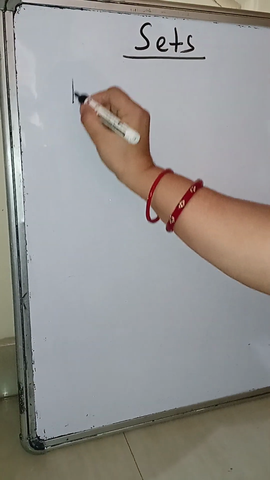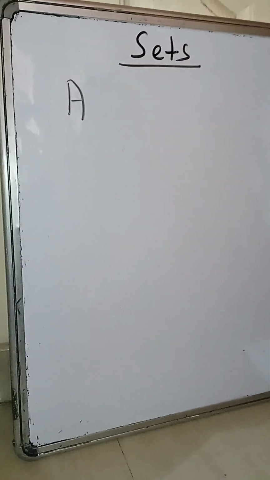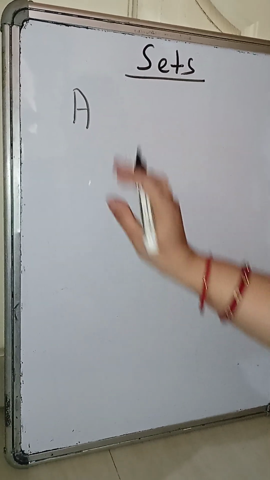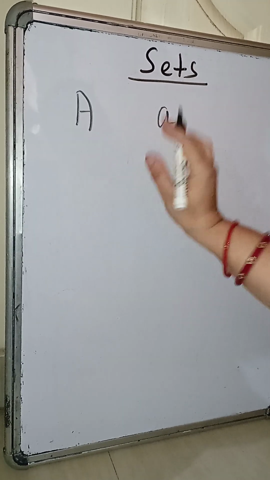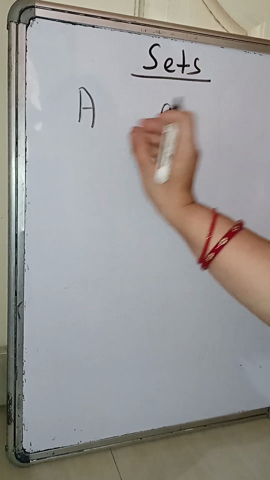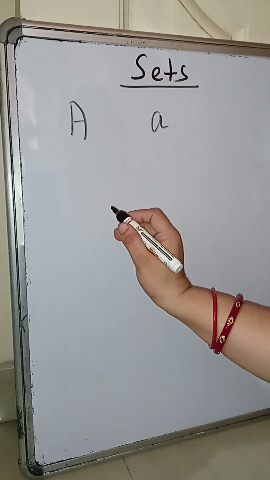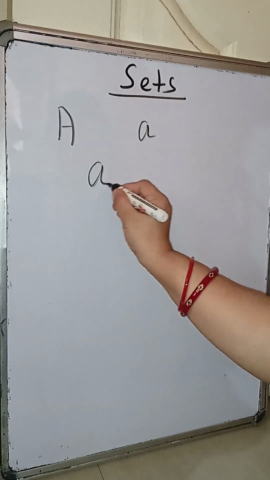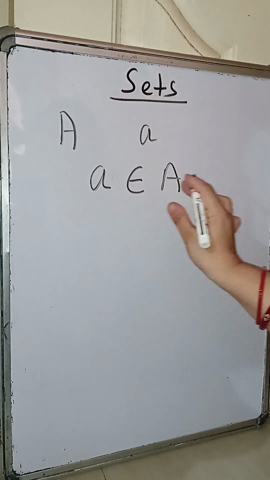Suppose a set is A, denoted by a capital alphabet, and suppose an element of this set is small a. Small a is the element, A is the set. If this element is present in the set A, that means a is a member of the set A, then how do we represent it mathematically? Small a belongs to capital A.